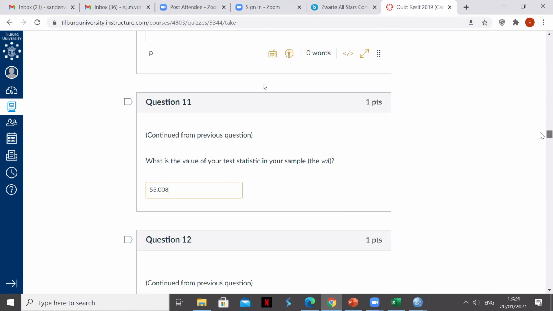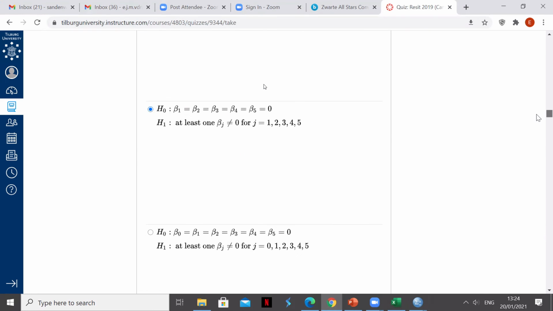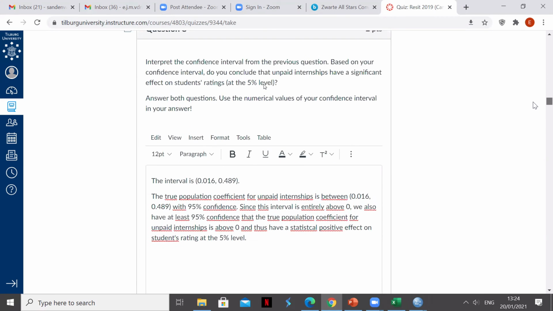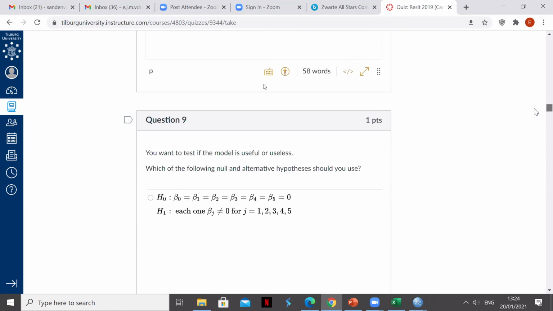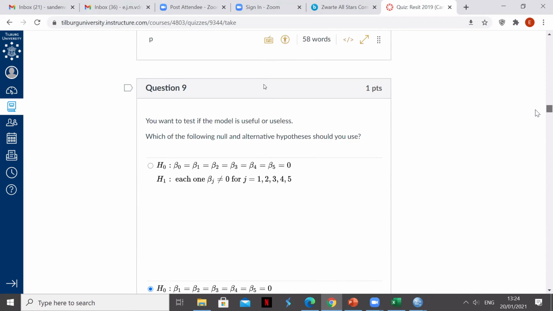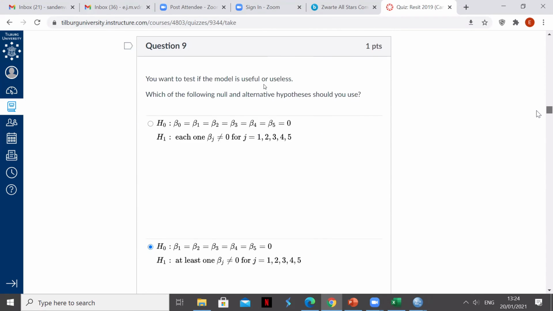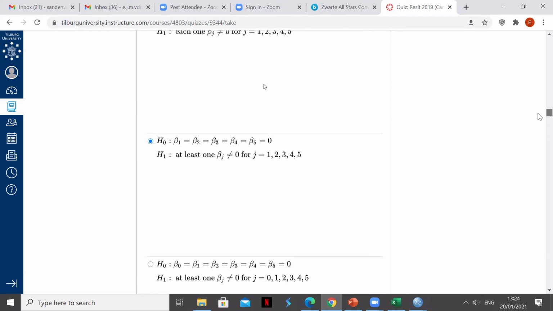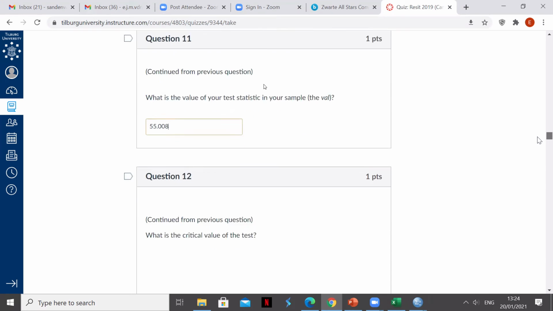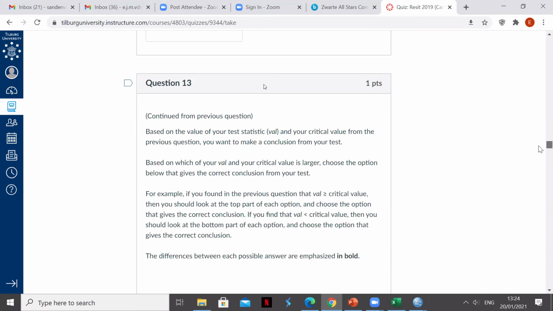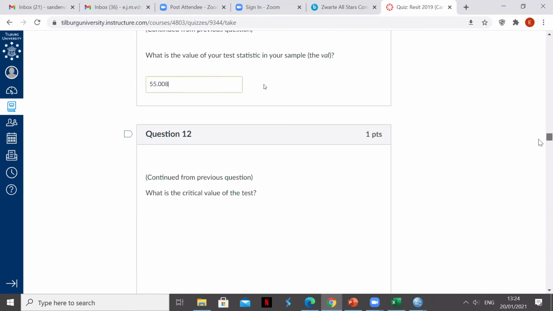Critical value. I can't find the critical value.